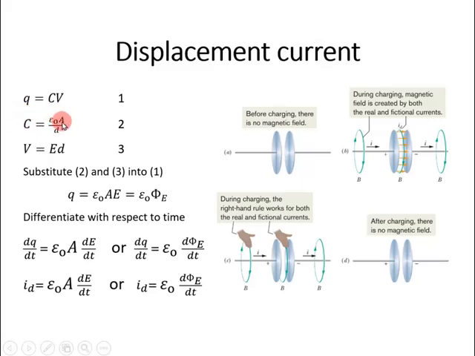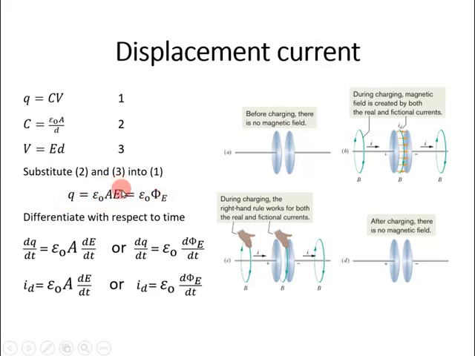If we know the area that is overlapping and the distance that is separating the two plates, then we can multiply the ratio of the area and the gap size with the permittivity of free space, and then obtain the capacitance of the capacitor. Similarly, the capacitor will form a uniform electric field, so this equation also applies. Now we can substitute equations 2 and 3 into 1 and we will arrive at this.